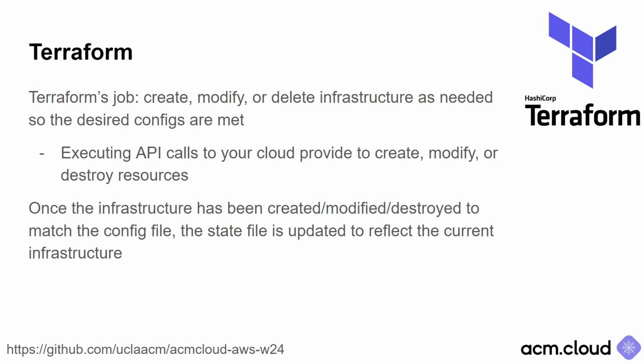It's like Terraform doing the imperative work, telling the cloud provider how to do these things to get what we want. Once the infrastructure has been created, modified, or destroyed to match our config file, our state file will be updated to reflect our current infrastructure.